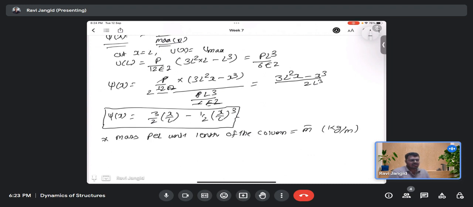We can write it like that. Unit is not given, but that is the meaning. So can you tell me what is the m equivalent? It is m bar times shape function squared into dx, which will give me the total mass of the column. Is it okay?